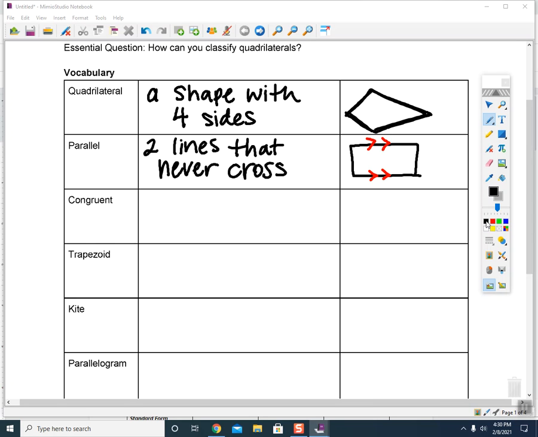Okay, the next one is congruent. Congruent just means same. I can talk about two different things being the same. I could have congruent sides, and I can have congruent angles.